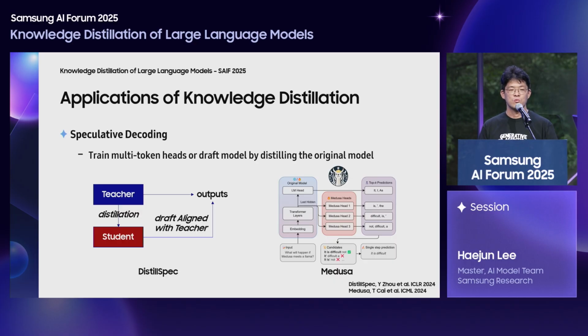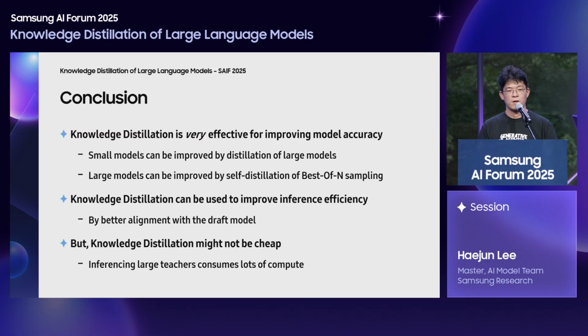And there are many cases when we have to do inference, and speculative decoding is in the spotlight. Multi-token predictor or draft model training can also use knowledge distillation. For draft models, we need more than just high speed and performance. We need them to have a distribution similar to the original, and knowledge distillation can be very useful in this case.